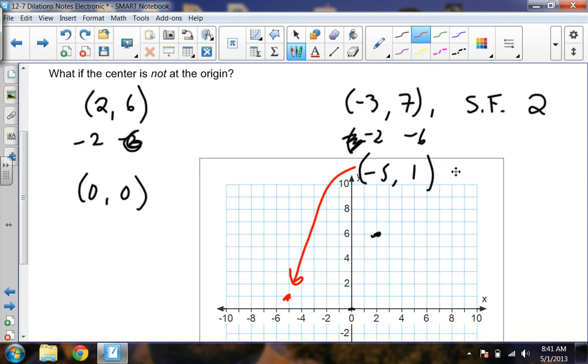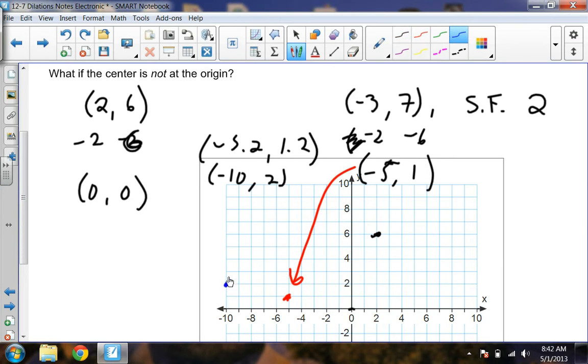So let's take -5, 1 and multiply them both by 2. -5 times 2 is -10. 1 times 2 is 2. So our transformed image is the point -10, 2 right there.